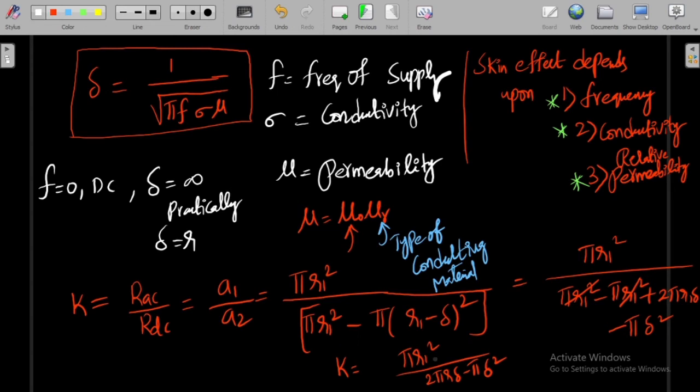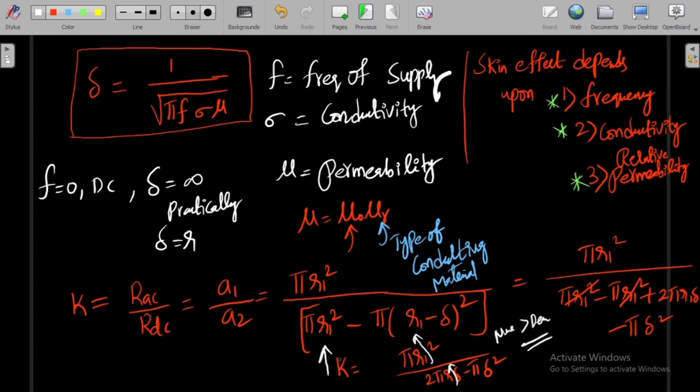Now if you observe, when I increase the radius r1, this automatically increases k, because the increase in the numerator is very much greater than the increase in the denominator. So the numerator increases more than the denominator.